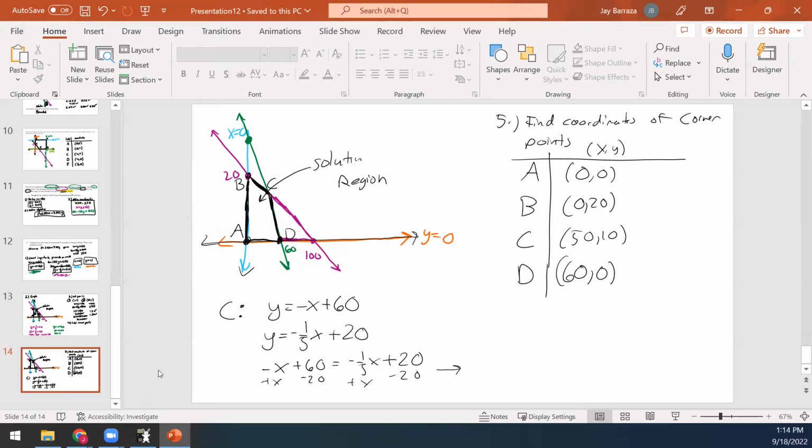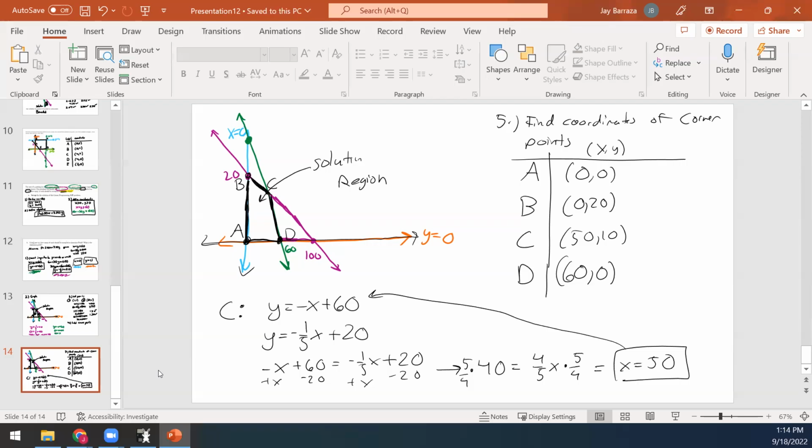And so what I get is, on the left side, 40, and on the right side, 4/5 x. And then if I multiply both sides by 5/4, x is equal to 50.